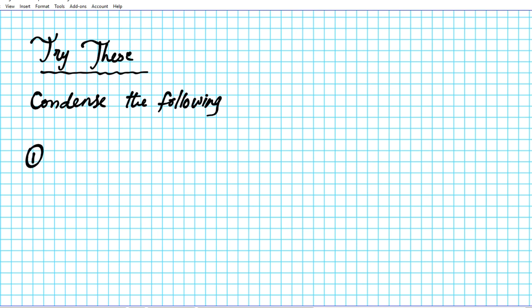So question number 1, what if you have the natural logarithm of 3 minus the natural logarithm of 7? Number 2, what if you have log base 5 of 2 plus log base 5 of 3?